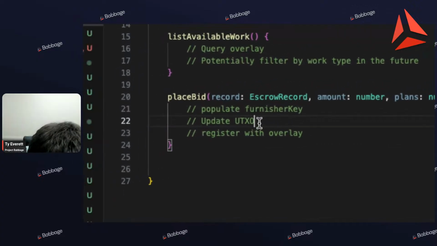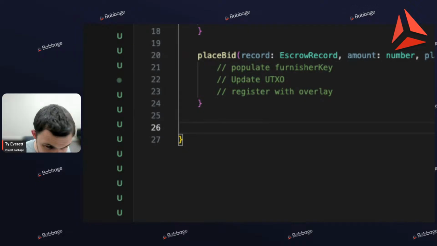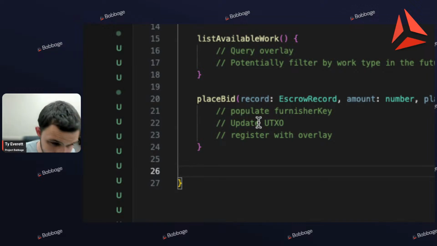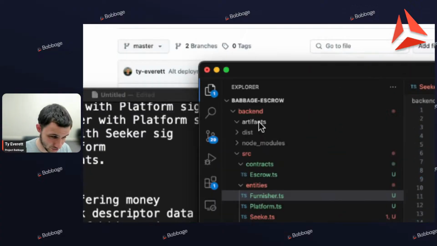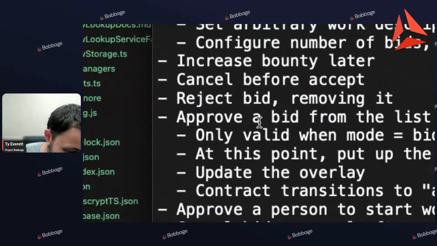So wait, to place a bid is not to set the furnisher key. To place a bid is to append to the array.